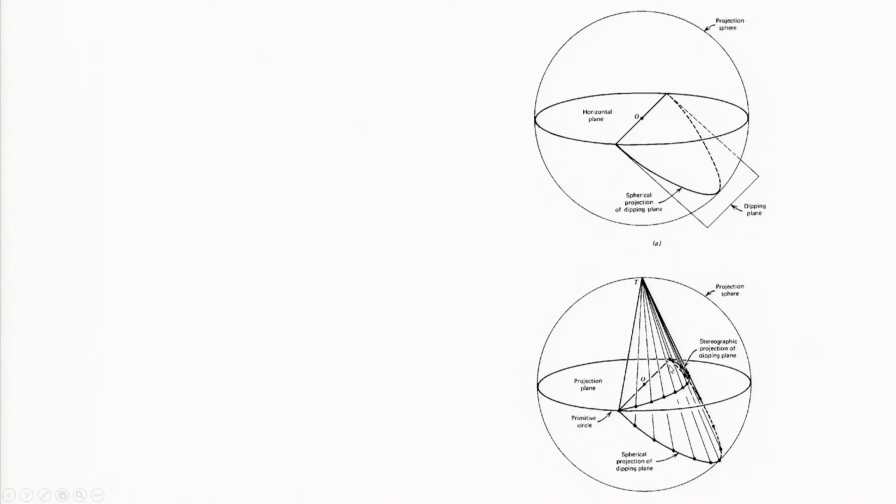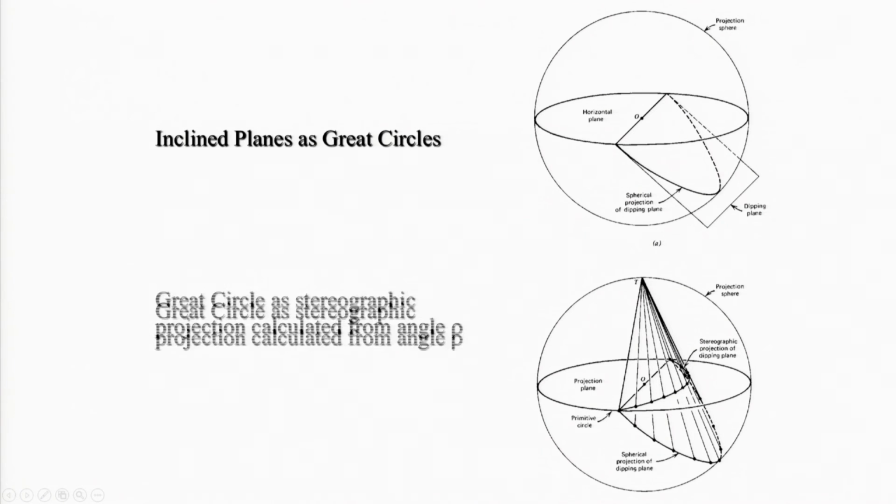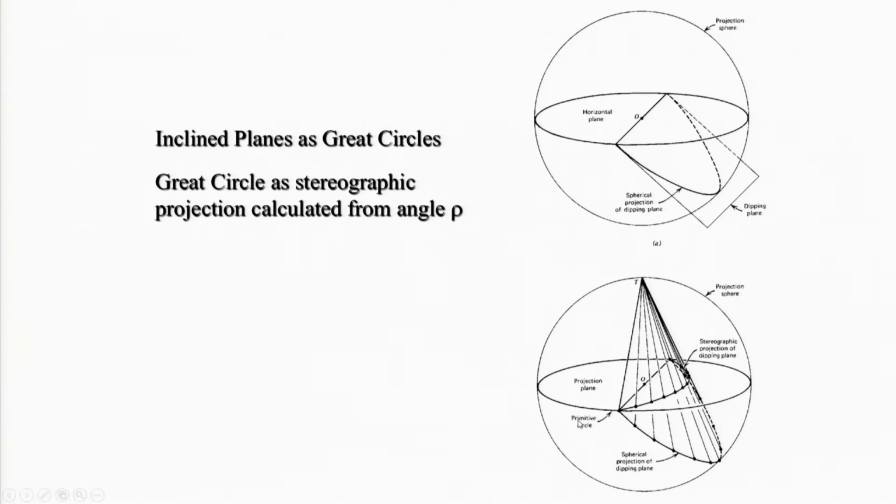That is very, very important here, that an inclined plane in the stereographic projection will have a curvature, whereas a vertical plane will have an intersection with this horizontal plane that will be a straight line. Okay. So, inclined planes, these are great circles.